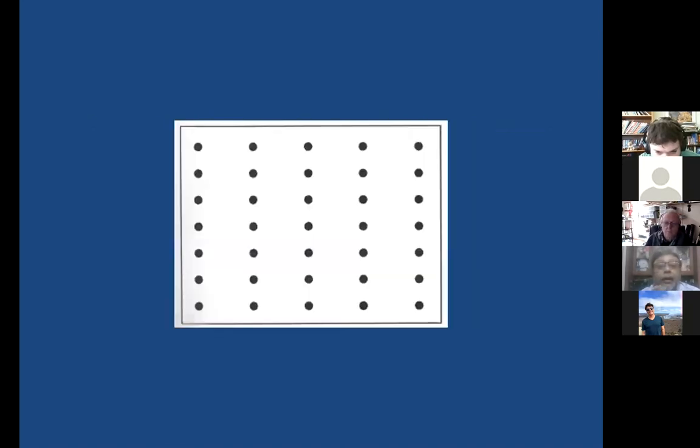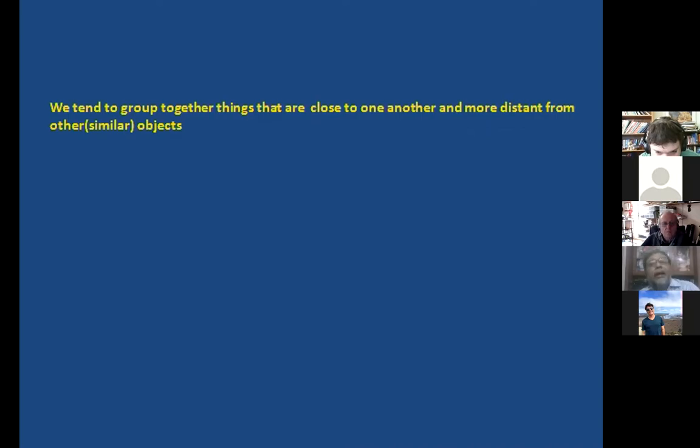Here also we see the columns because the distance between successive points is less than in the adjacent direction. So we tend to group together things that are close to one another and more distant from other similar objects.